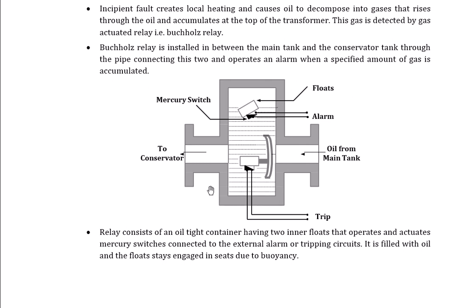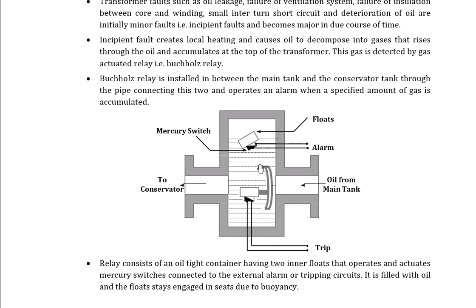This is the oil tank. Okay, so this is the conservator part, and this is oil from the main tank. Here we put one switch, a float and mercury switch, and it will create an alarm when any bubbles or any incipient fault is present.